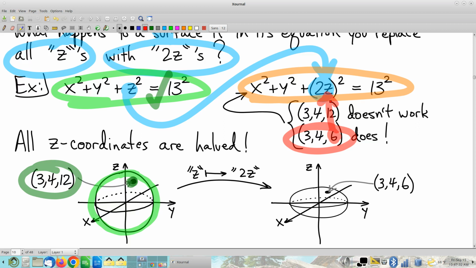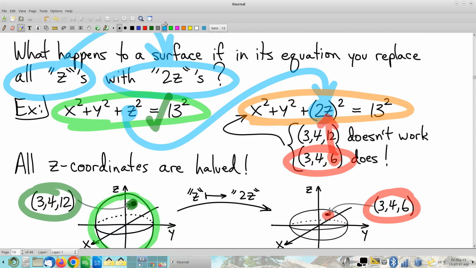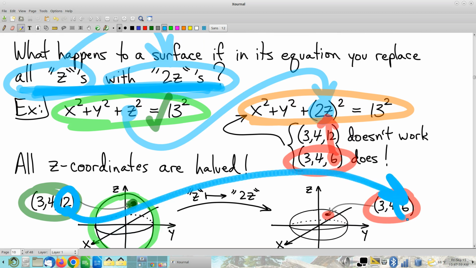So it's the kind of hack way to make it fit under the new circumstances, if you will. So what's happened here in the process of replacing all my z's with 2z's is that my z coordinates get cut in half.